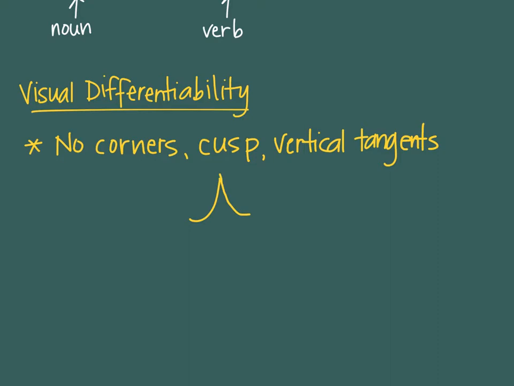A vertical tangent looks like this. It's coming along nicely, and then for a moment it shoots up vertical, and then it heads sideways again. There is a moment right there where it's at its steepest point and it achieves a slope of infinity. That's a vertical tangent, if any of the slopes happen to be infinity at any particular point. So you've got corners, cusps, and vertical tangents.